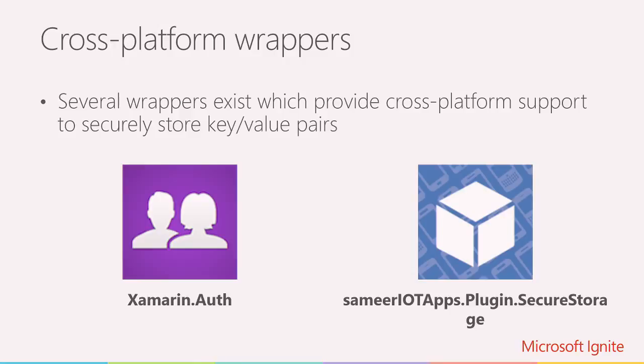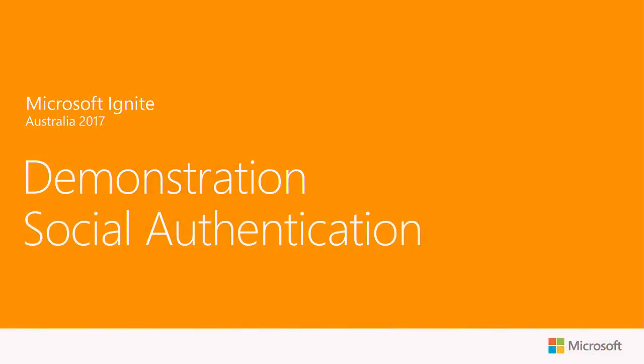And that'll allow you to store to the secure parts of the mobile device, or at the very least encrypt that information locally. So if your device is compromised, you don't lose access to the tokens. And it's not going to cause too much grief. So let's have a look at the social authentication.